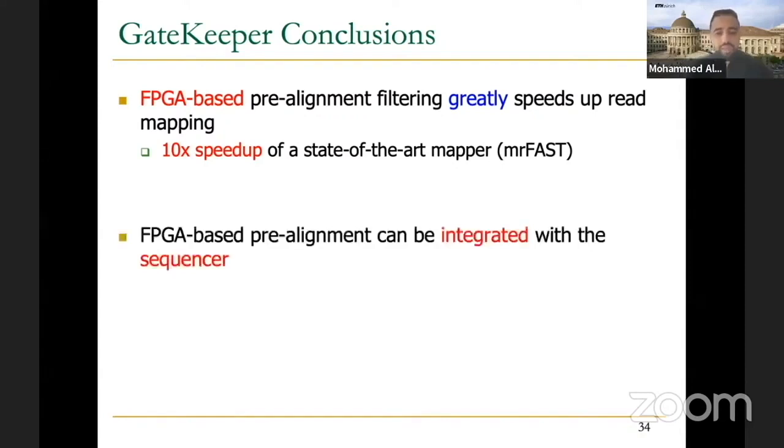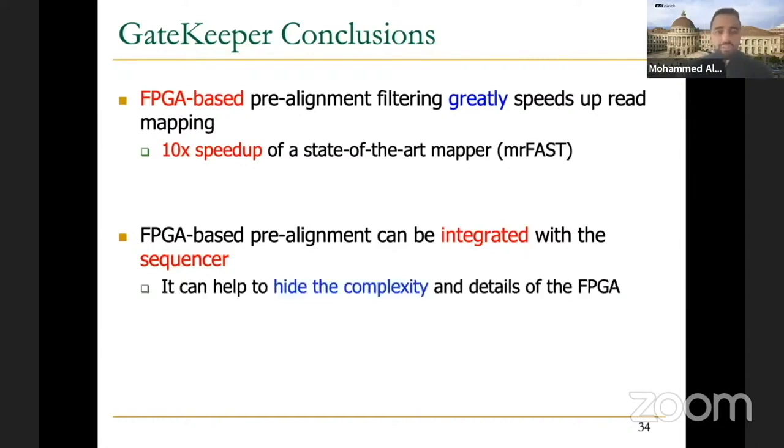The FPGA-based pre-alignment filtering can be integrated with existing sequencers. So most of existing short read sequencers, they have FPGA inside to do the translation from the raw sequencing data into the FASTQ file, or what we have currently. That's what we call a base calling step.